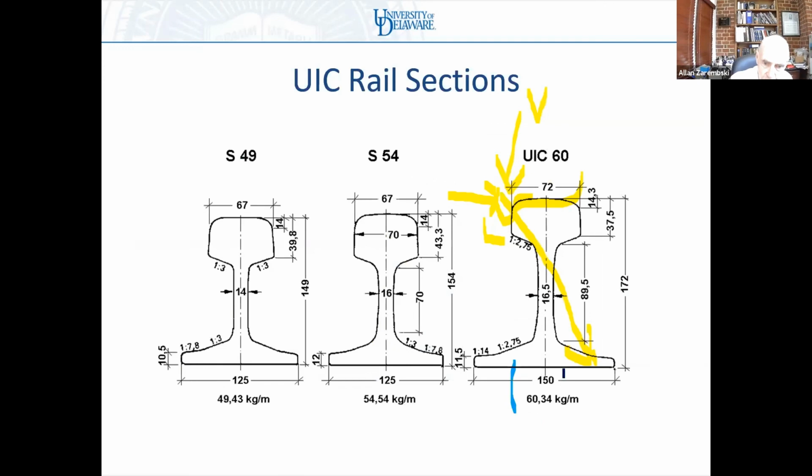You can see the 150 millimeter base for the UIC 60, and for the shorter 54 and 49, you see the smaller base. And this is specifically designed to maintain this overturning stability, because as we get higher, we need to widen the base to make sure that I don't have a tendency to overturn.